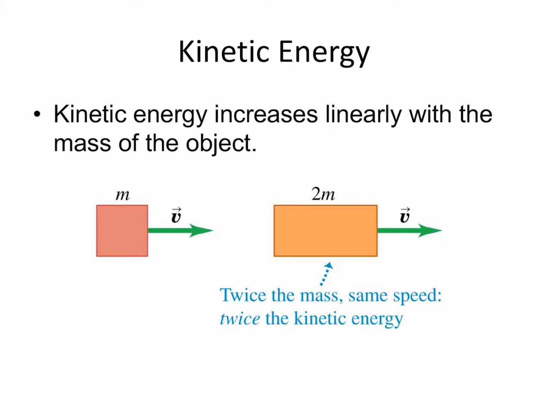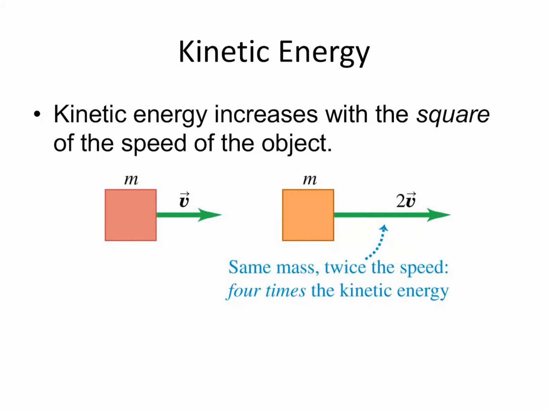Now, if you look at it one more time, K equals 1/2 mv squared, and you see if you double the mass, your kinetic energy would double. Okay, if you double the speed, what's going to happen?